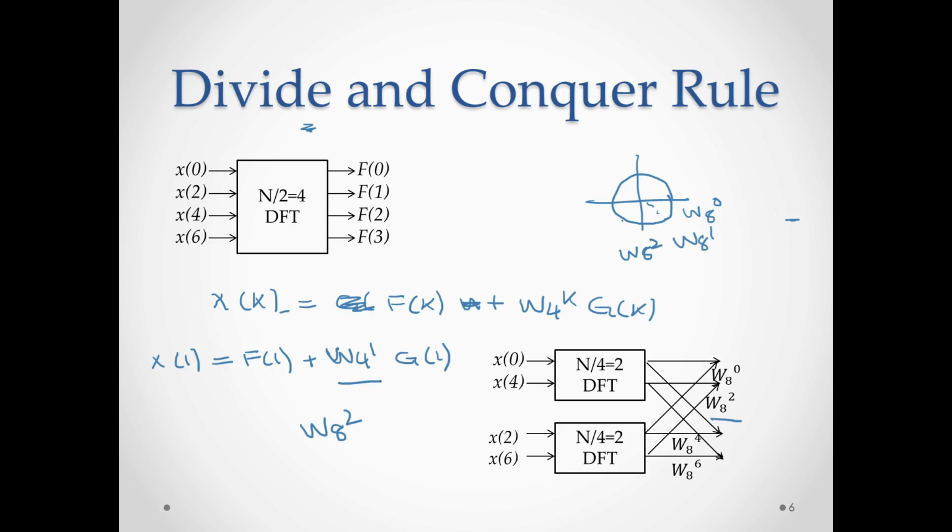And when we have to calculate 4-point DFT, our first term was equal to w40, and our second term was over here, which was equal to w41.